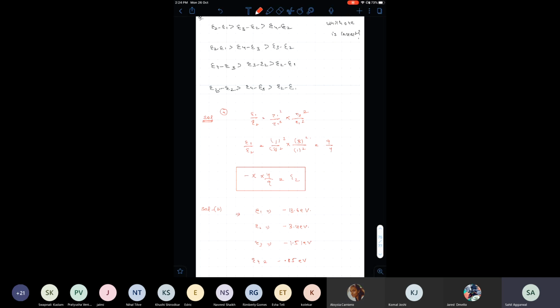So E2 minus E1 will be how much? Minus 3.4 electron volt plus 13.6 electron volt, that means 10.2. E3 minus E2 कितना होगा? Minus 1.51 plus 3.4 electron volt, that means 1.9 electron volt.